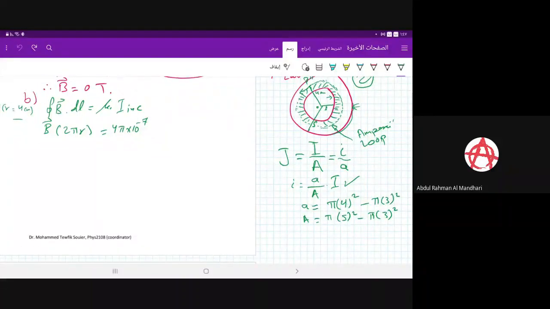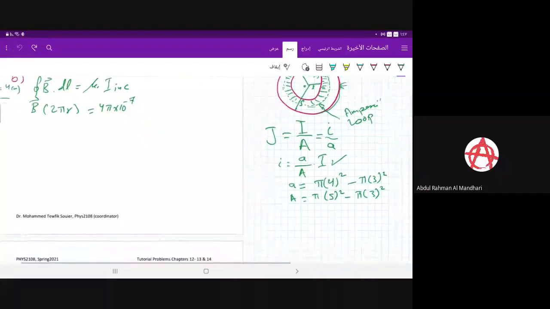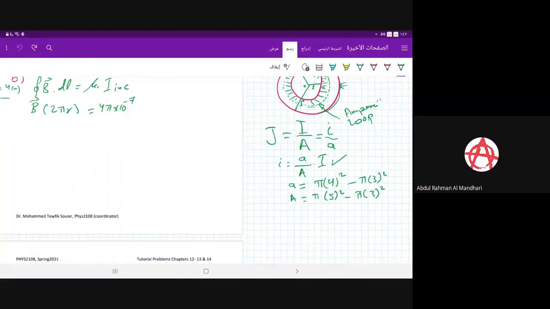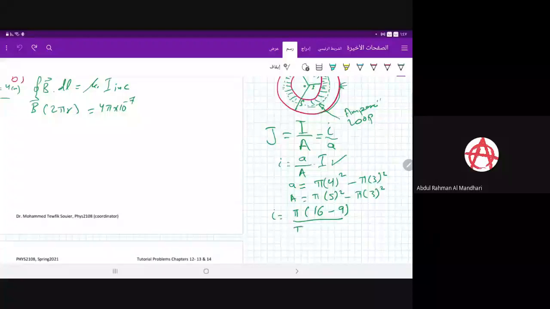So what I should do here is apply them in that equation. So for the small one it will be pi times 16 minus 9, divided by pi times 25 minus 9, multiplied by I. And we know I is just 50 amperes.